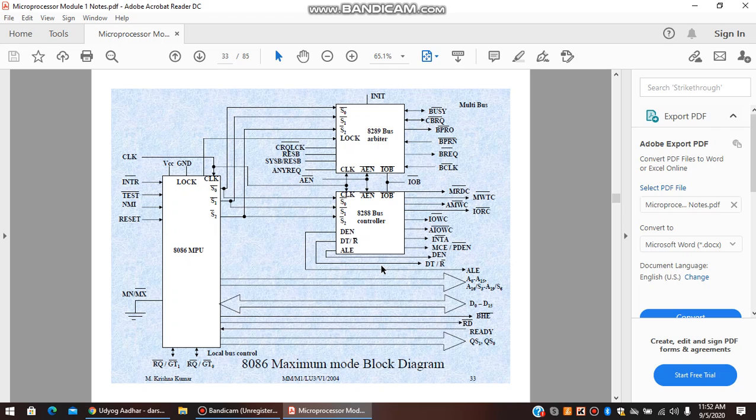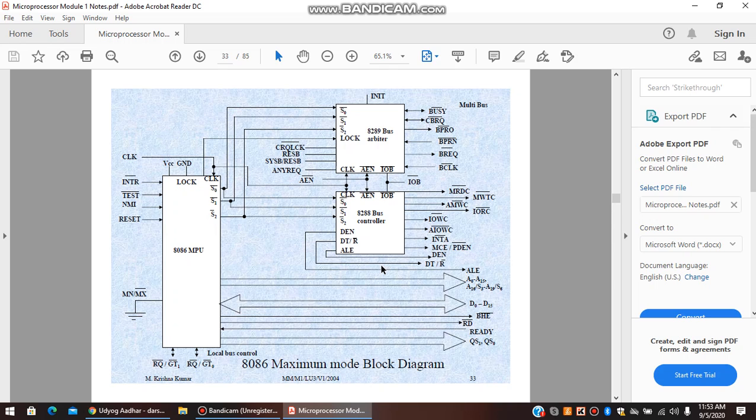Now, if we talk about the bus arbiter, sometimes it might happen that the 8086 will require uninterrupted access to the global resources. We have already discussed that global resources are nothing but the common resources which can be used by any of the co-processors. If sometimes the 8086 wants uninterrupted access, we make use of the 8289 bus arbiter.